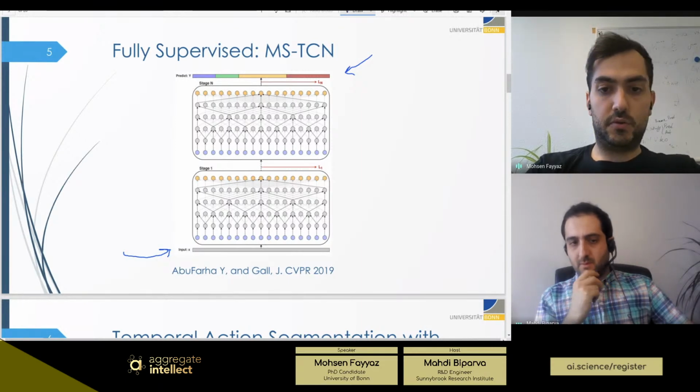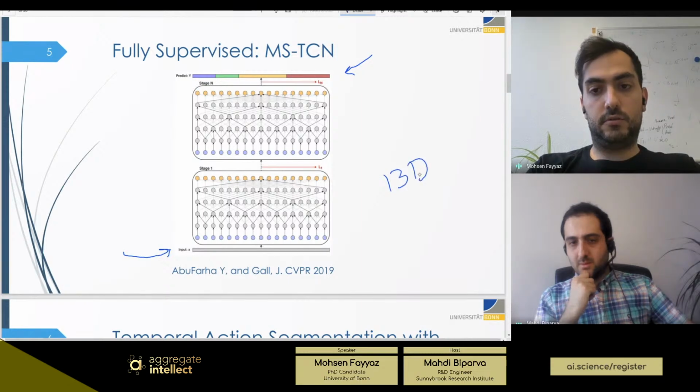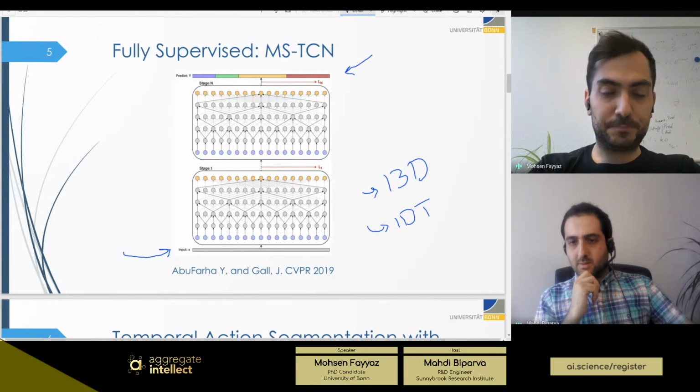For example, in this work, they have used I3D, which is a deep learning method for feature representation, a two-stream deep network pre-trained on Kinetics. They use it for extracting the features. They have also tried IDT, the improved dense trajectory technique, which is a non-deep learning method.